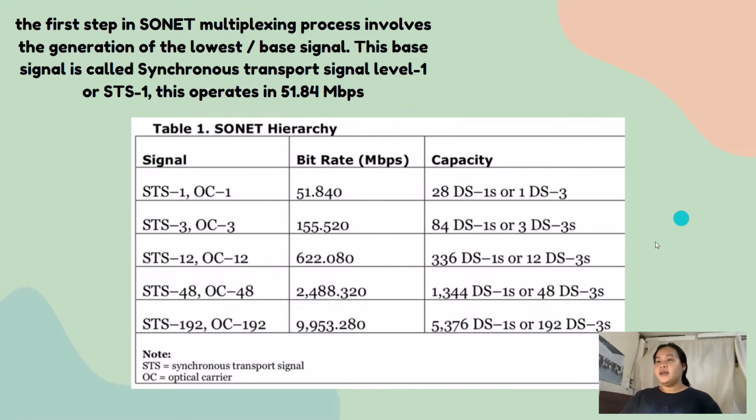I have here the table for the SONET hierarchy. For a higher level signal, for example STS-3, it will be an integer multiple of the STS-1, which is 51.84 Mbps multiplied by 3, so that totals 155.52 Mbps.